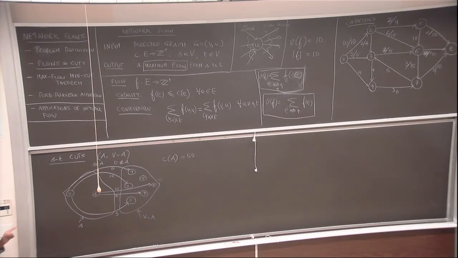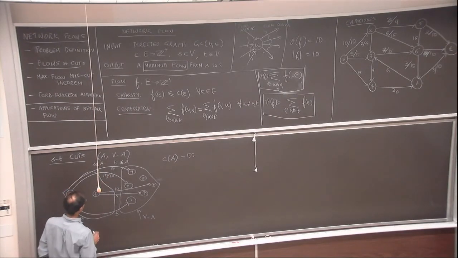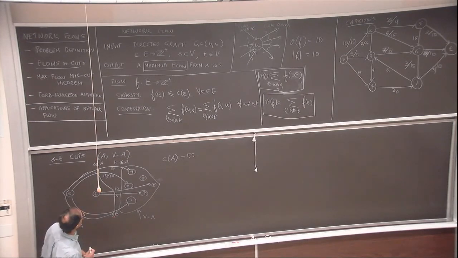Let's also look at the flows that are going along this cut. How much flow is going right now? From S to 4, nothing. From S to 2 you have 10. From S to 3 you have 5. From 6 to T you have 10.